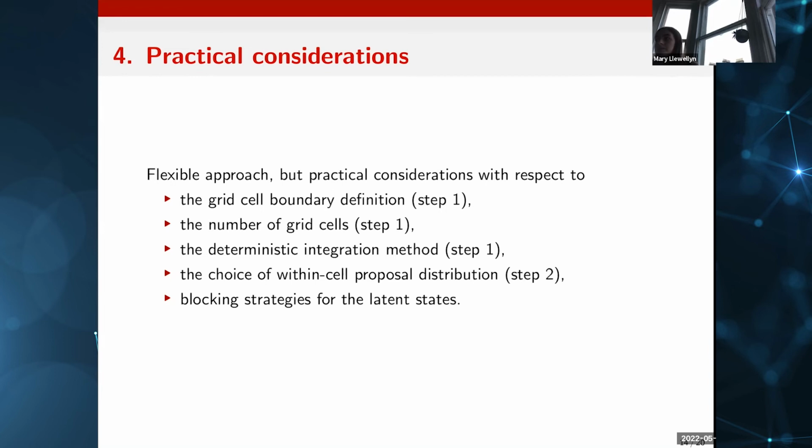So that's probably okay for certain forms of state space models, but you can make several tweaks to it. The tweak that we're going to consider is defining the grid cell boundaries using the quantiles of some distribution, or some distribution centered on the current state of the chain from the previous iteration.